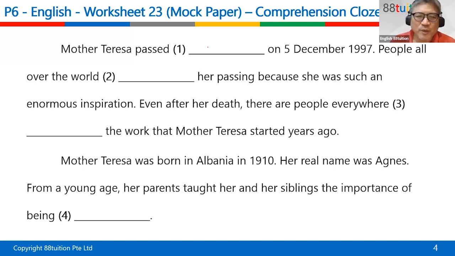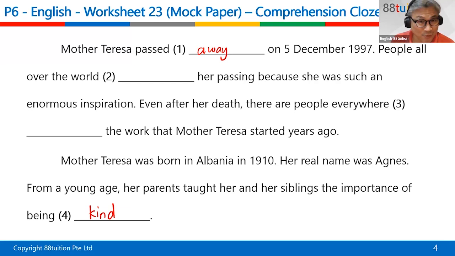I think most of you have put down passed away as the answer for number 1, and the importance of being kind for number 4. Actually, I should show you the next slide, but all of you seem to know.